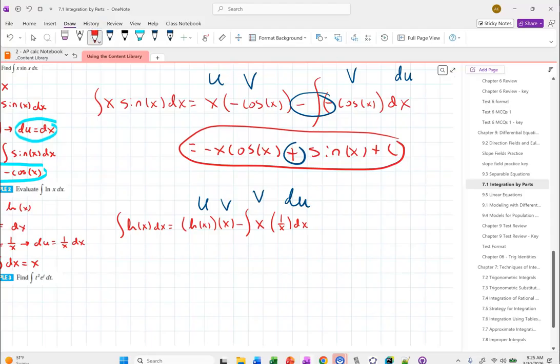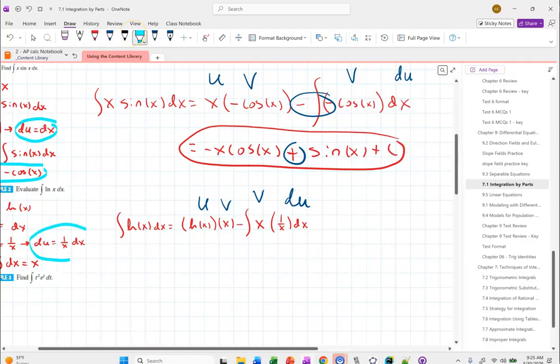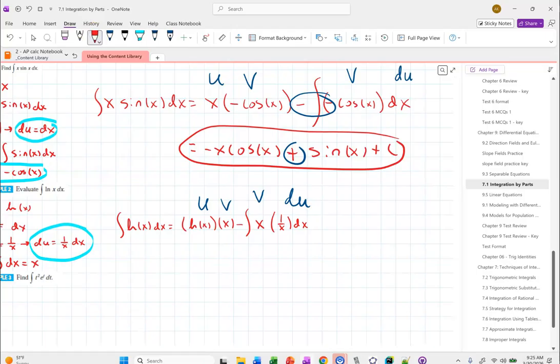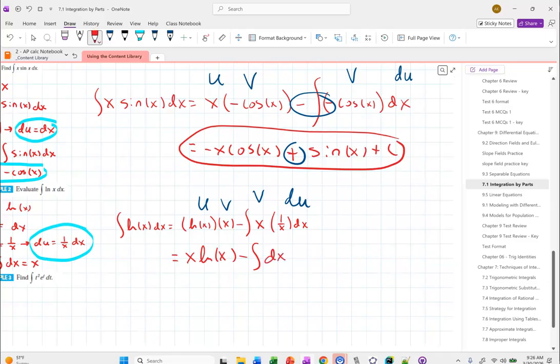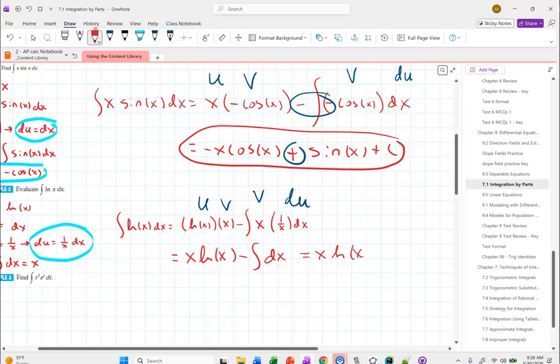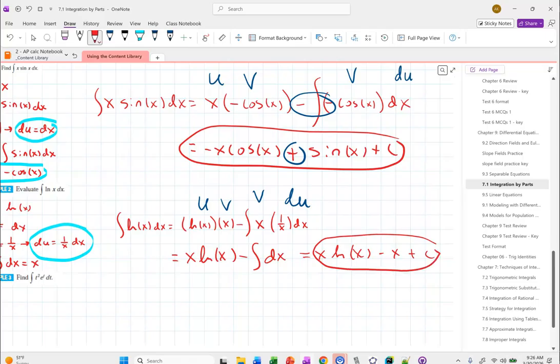Is everybody okay? So is the du 1 over x dx? The du is 1 over x dx. So 1 over x times x is just 1, right? What's the integral of dx? Just x. And we tack our plus c on and we're done.